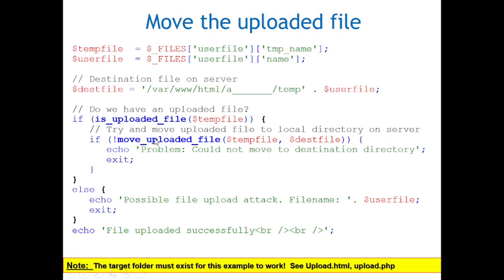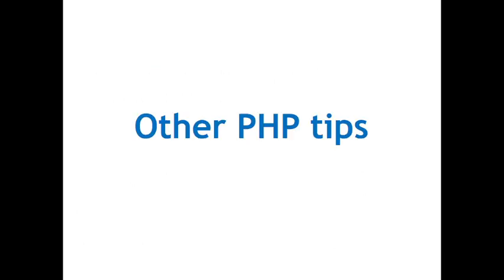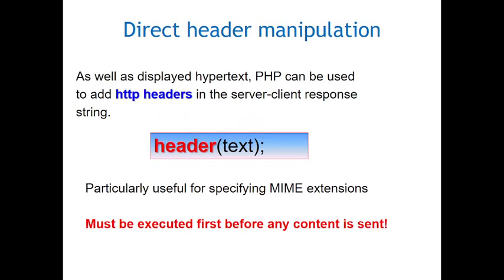So you are mentioning here, move the uploaded file. What is the temporary file? What is the destination file? Okay, so we will see this. I will show you the demo so you can understand that one. Then I will continue with this one.